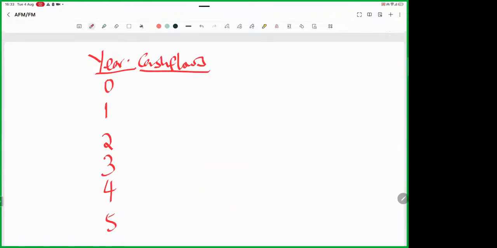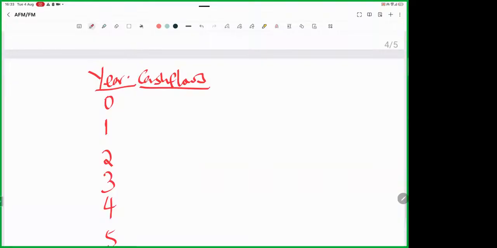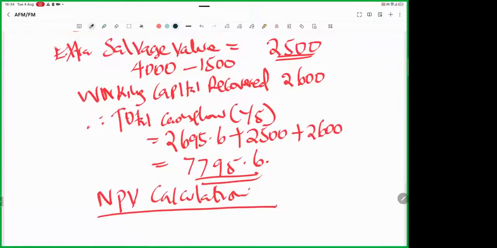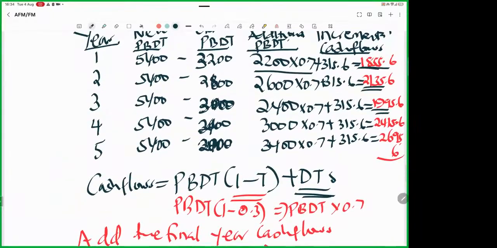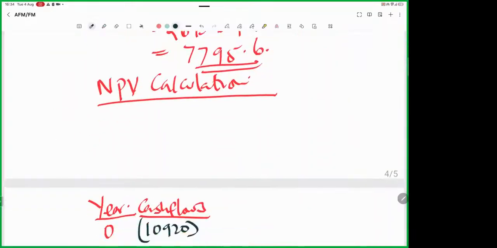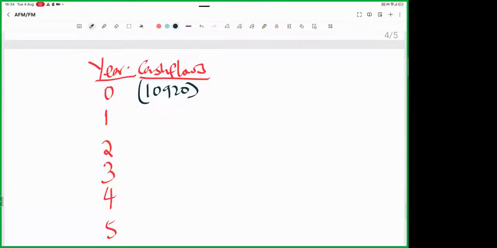Is there somebody who is able to remember the time 0 cash flow? Time 0 cash flow, we calculated together. 10,920. This is a payable. Cash flow, end of year 1, we already have it here. So we have everything here. End of year 1, we have 1855.6.